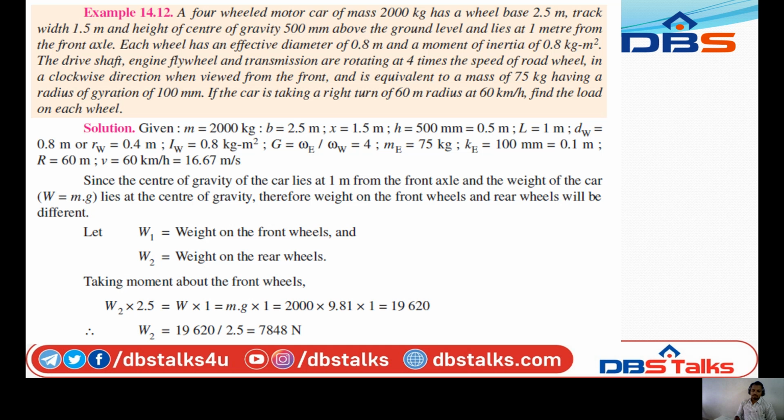So by taking all the moment values for the front wheels, W2 is 7848 newtons.